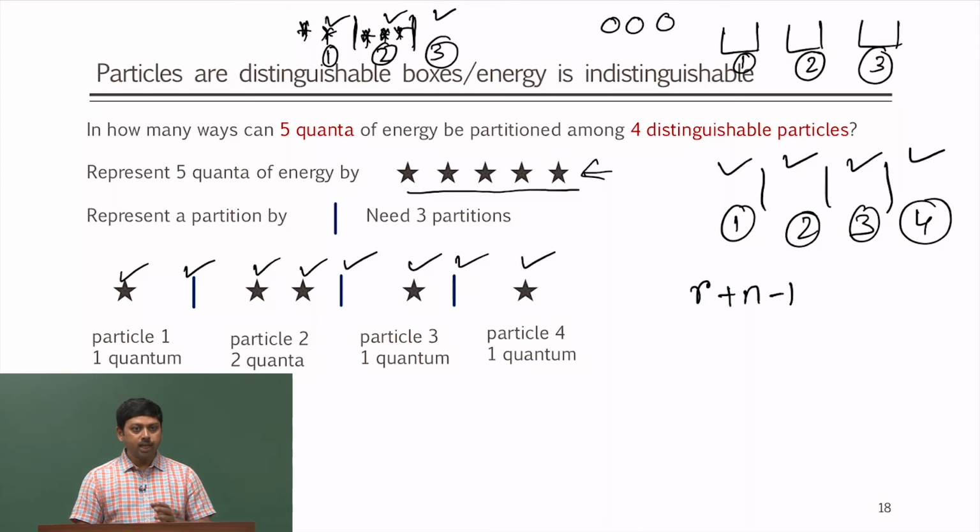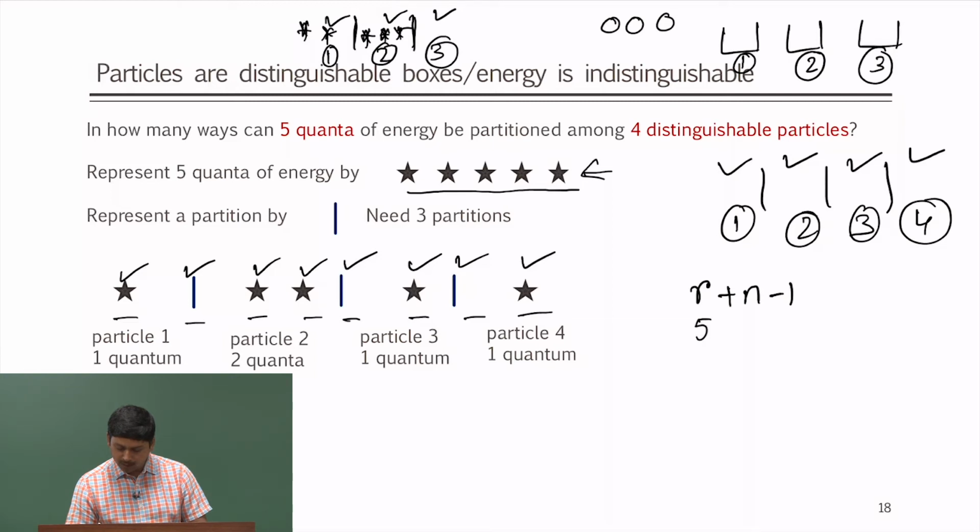That is the number of spaces that I have: 1, 2, 3, 4, 5, 6, 7 and 8. I have 8 spaces. Why? Because my number of stars is 5, the number of distinguishable particles is 4, and minus 1, that gives me 8. You can see why I am getting n minus 1: because n minus 1 bars will give me n boxes. Stars are just 5, so I kept it as 5.